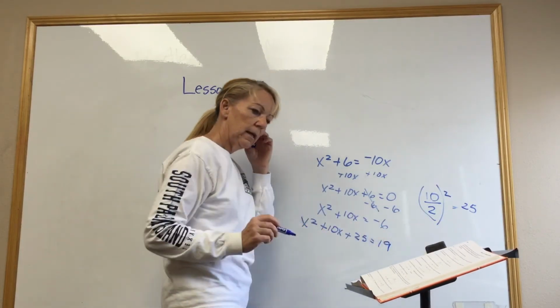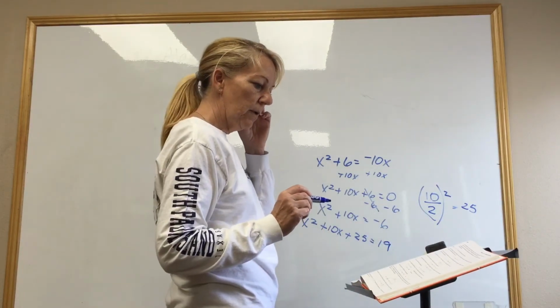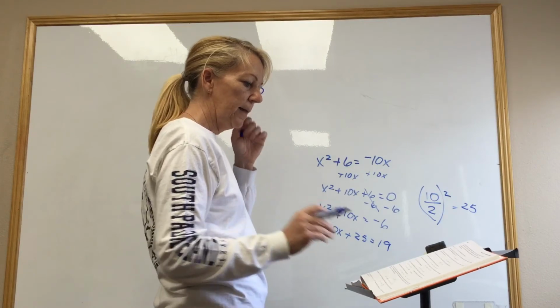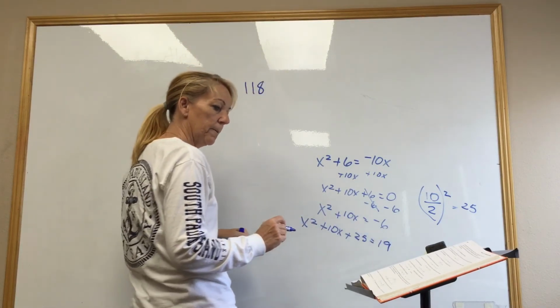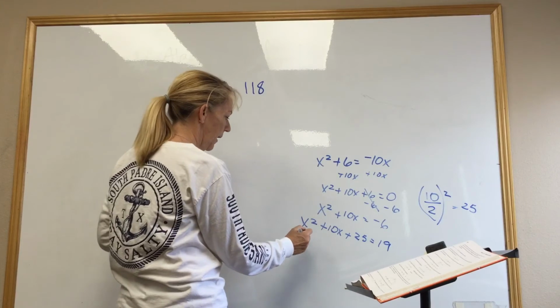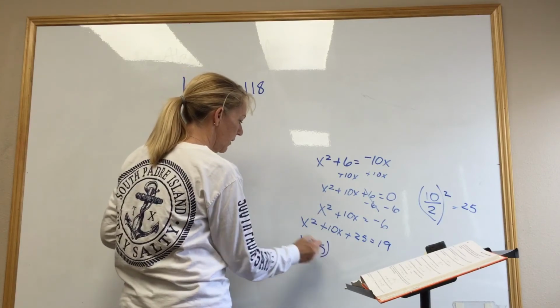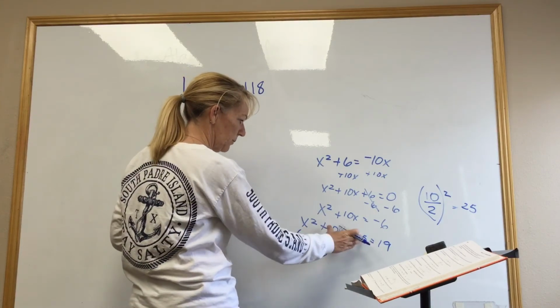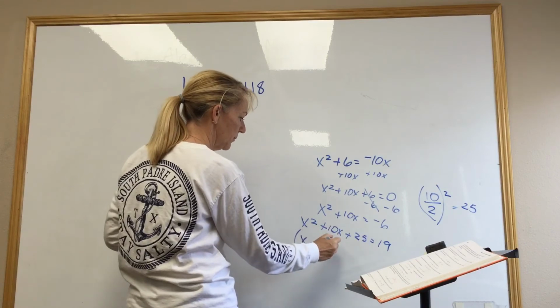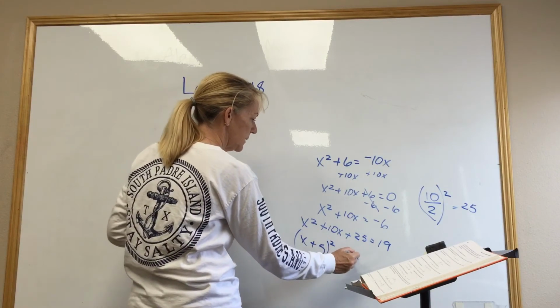All right. And so now I can say that that is a perfect square, and so I have x plus 5 times x plus 5. That's what that is if you were to factor this trinomial. So that's squared equals 19.